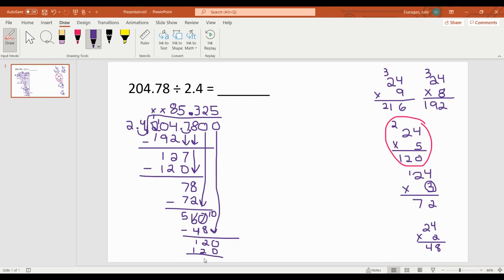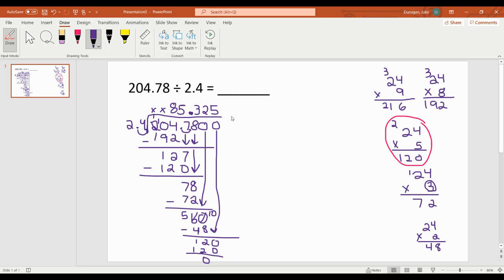So we know that 204 and 78 hundredths divided by 2 and 4 tenths equals 85 and 325 thousandths. Okay, so we combined 2 skills with this problem, both just straight division and dividing with decimals.